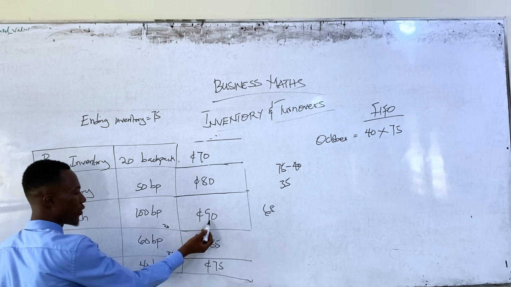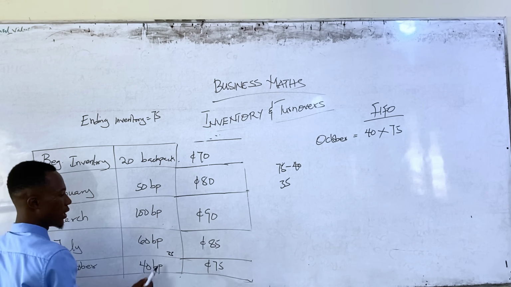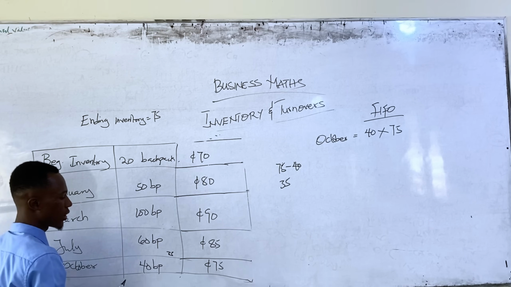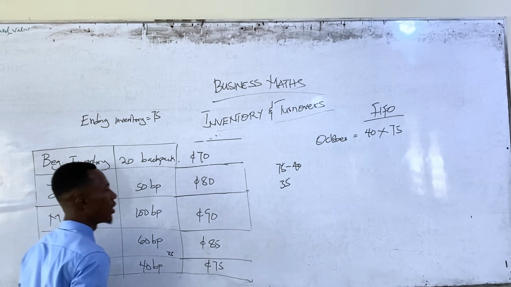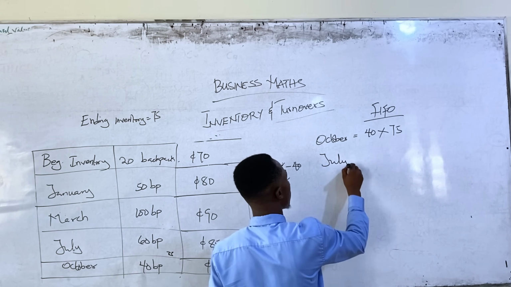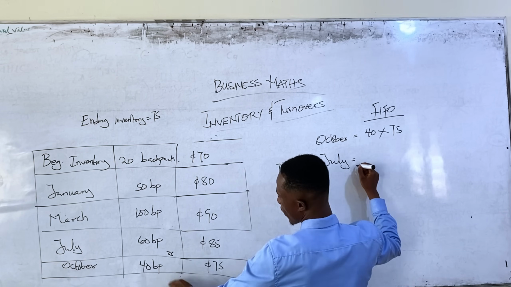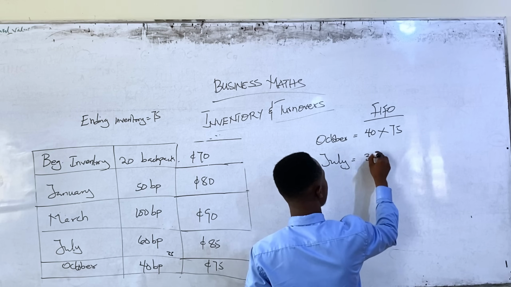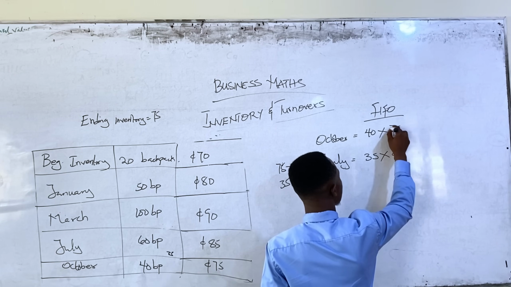You will not multiply the 100 by this. But now, because we have 35, which is not up to this, we are not going to use this to multiply, but rather the remaining by the amount here. So July is equal to the quantity 35 multiplying the price, 85 Ghana cedis.